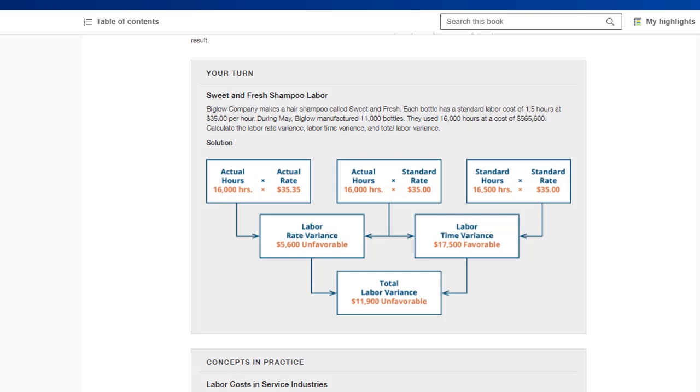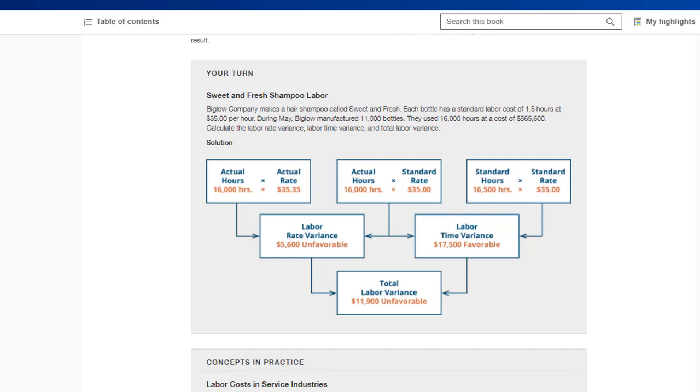In any event, if you look at this problem, the company actually ends up spending $35.35 as an hourly rate to pay its employees, and it pays those employees by the hour for 16,000 hours. Those numbers appear in the upper left-hand box of the chart.